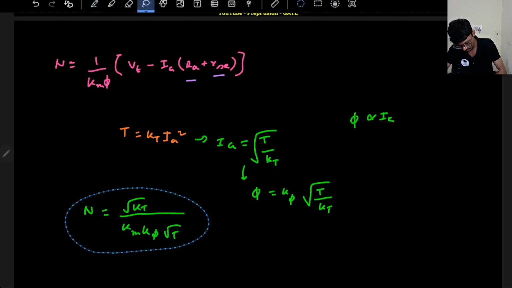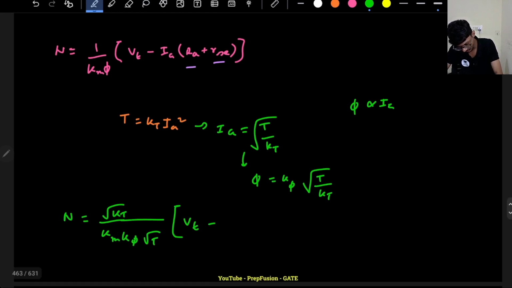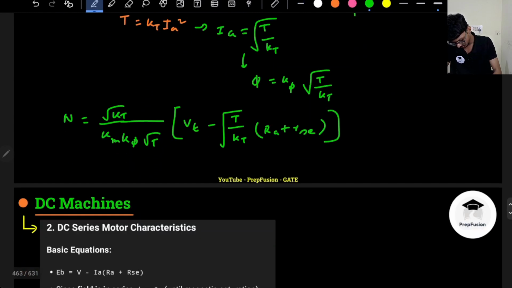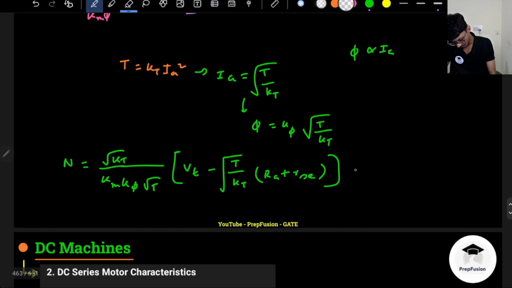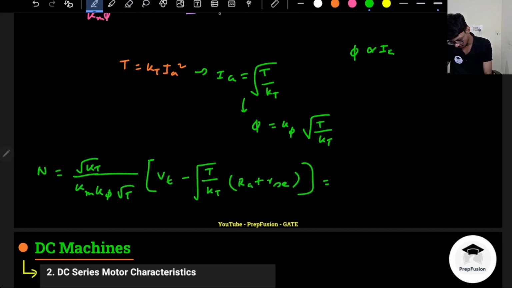Okay, so here this into Vt minus Ia, and Ia is this value again, that is under root T by Kt, into Ra plus Rac. So if I want to write this further, this is some constant, right?